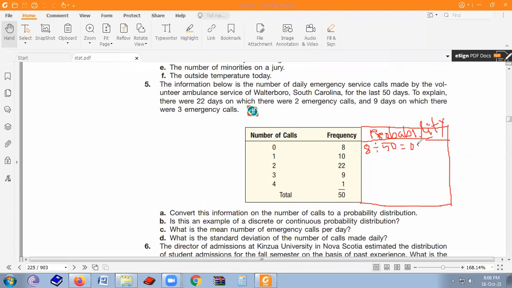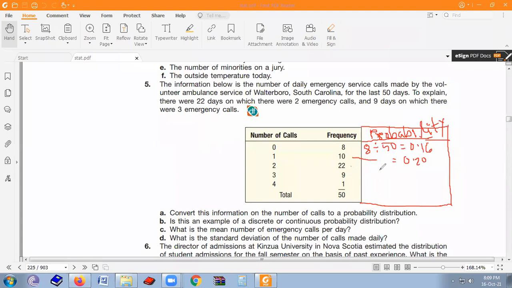0.16. Then 10 divided by 50 is equal to 0.20.